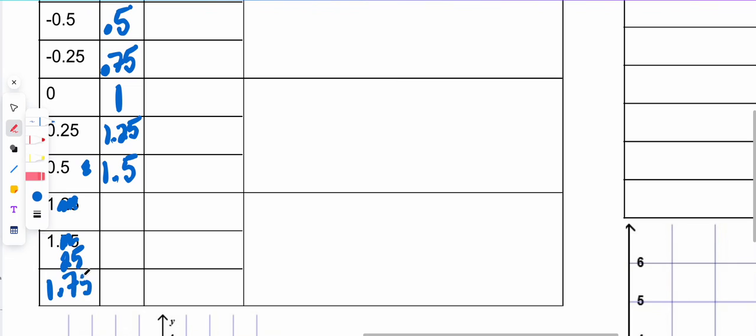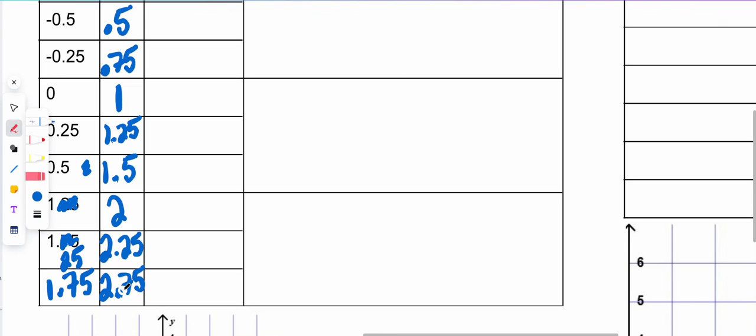If I take 1 plus 1, that gets me 2. 1.25 plus 1 is 2.25. 1.75 plus 1 is going to be 2.75. So all I did was add 1 to each of these x values.